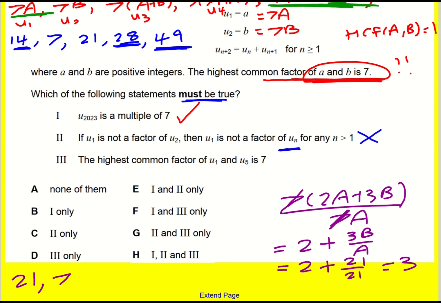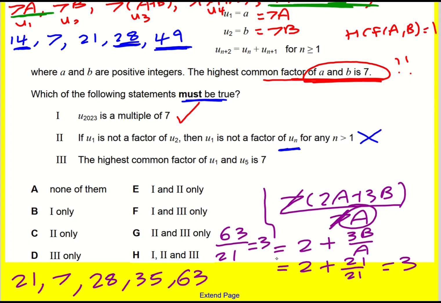If I've set this A here to actually be 3, then I think it's going to go into it. It's going to have a highest common factor of 21. But let's just check. So 21, 7, 28, 35, and then we get 63. So yeah, when I do the calculation, I get 63 over 21, which gives me 3.